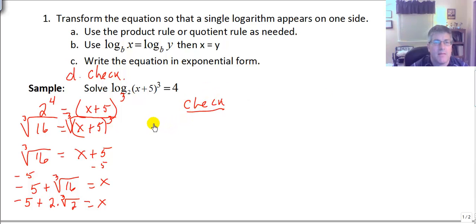So let's check. We got to check in our original equation. So log base 2 of negative 5 plus 2 cube root of 2 plus 5 cubed, does that equal 4?